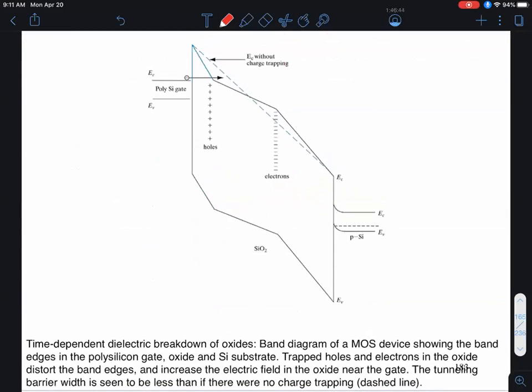Now, when you have such tunneling, unfortunately, because the mobility of carriers in the oxide is very, very small, just to give you a calibration, the mobility of electrons in silicon we've seen is of the order of 1,000, say, depending on the doping, et cetera, while the mobility of electrons in silicon dioxide is only maybe 1 or 2.